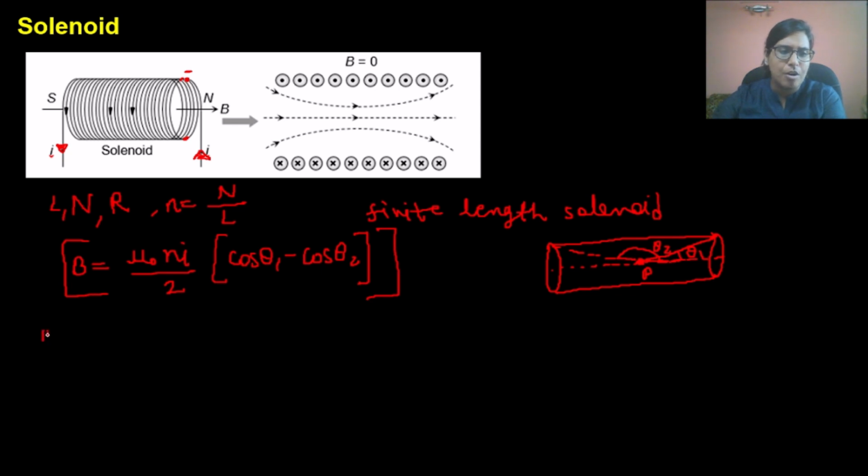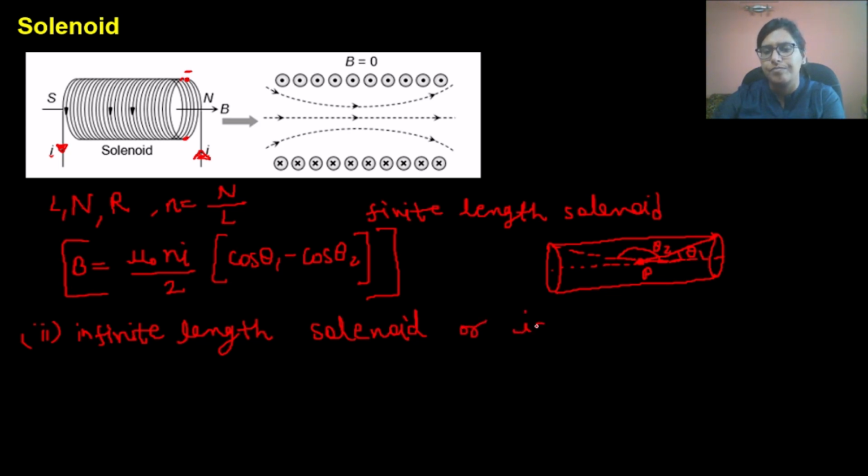Now if we talk about an infinite length solenoid, or we can say an ideal solenoid, in this case the length of the solenoid will be very large in comparison to the radius of the solenoid.